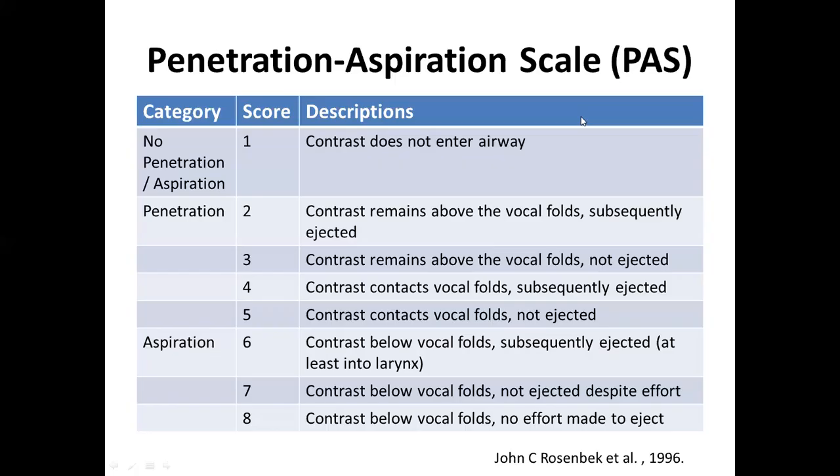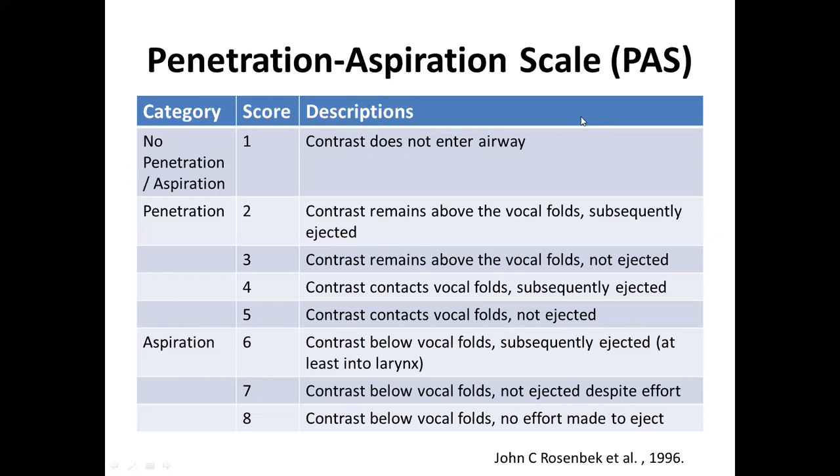Beyond this, we have to look at the scale, which helps us communicate to our referring physicians. This scale was established by John Rosenbek and colleagues in 1996, and it gives categories and scores where we need to communicate and emphasize the degree or severity of aspiration that we are dealing with.